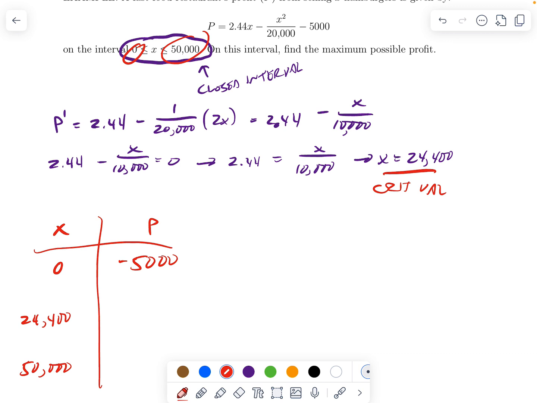If I plug in the other number, and I will do this on a calculator you can't see. I should have had this ready to go.